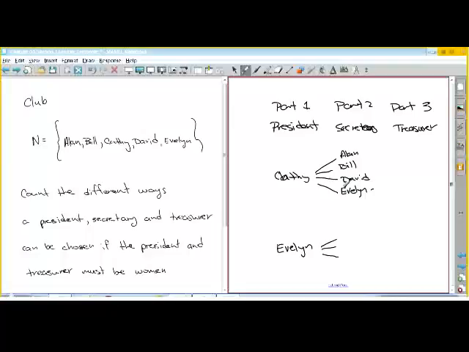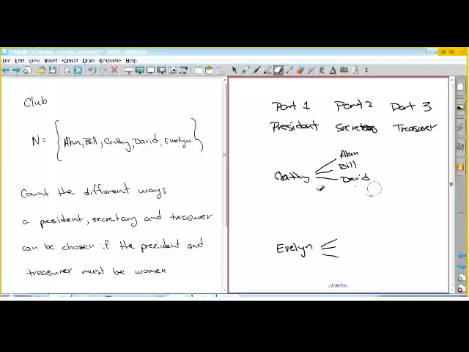But there's some other thing. If I choose Evelyn, who's left over to be treasurer? So if I choose Evelyn as secretary, then there's nobody left over to choose as treasurer, which has to be a woman. So that's why I can't include Evelyn, because she's needed for the next position.